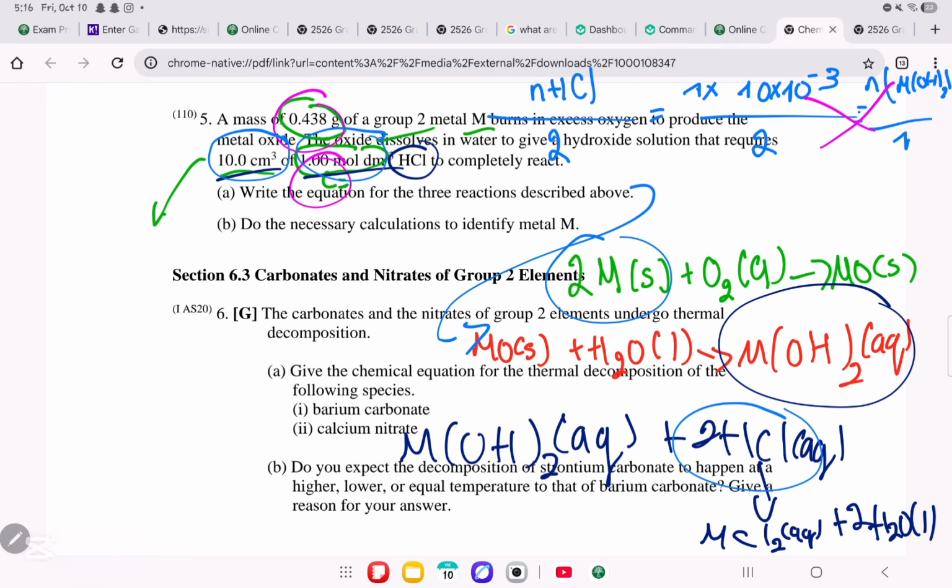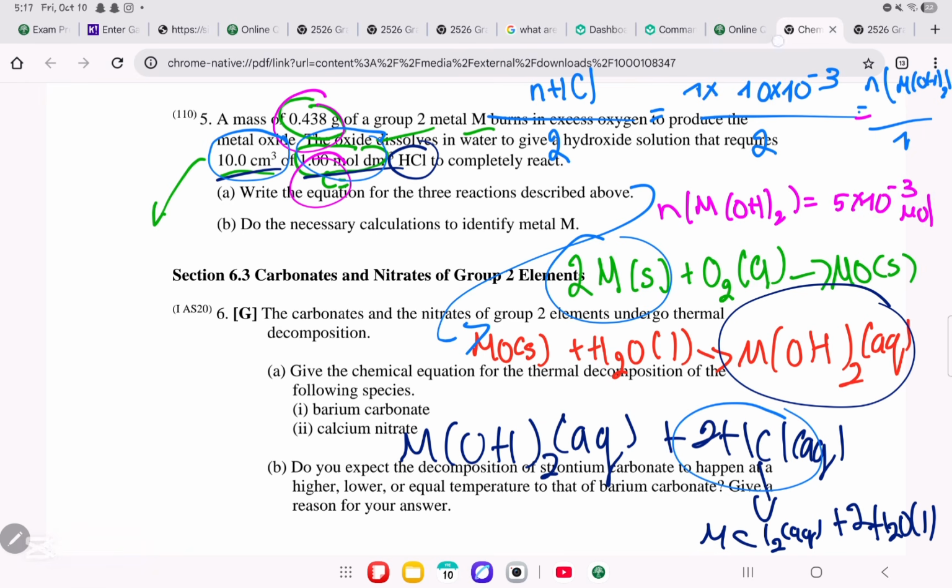By doing crisscross. Actually, no need for the crisscross. You can just solve it directly. So we will get that the number of moles of M(OH)2 is equal to 5 times 10 to the power of minus 3 mole.